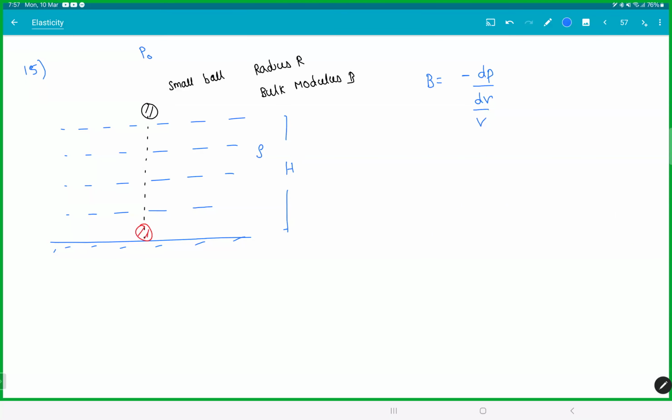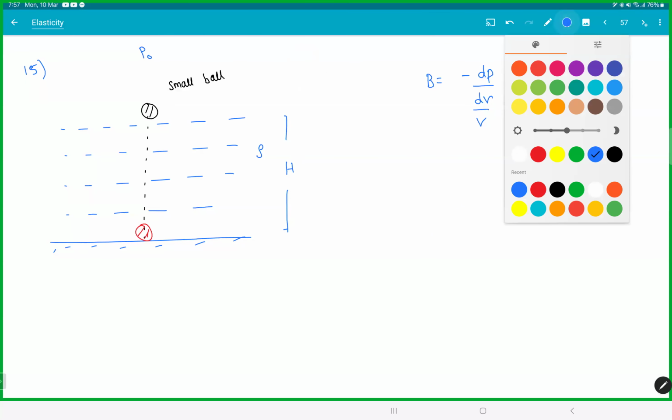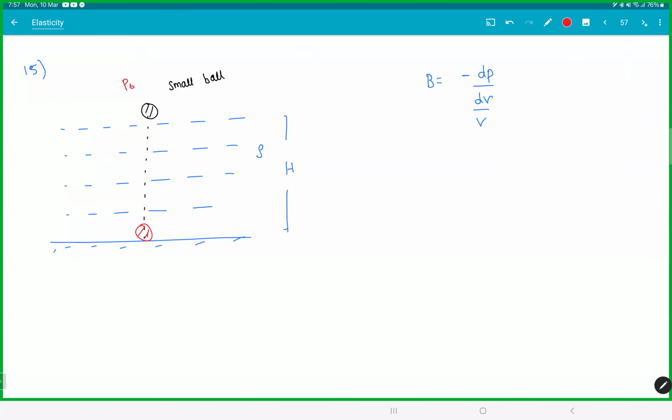So dp is change in pressure. The pressure here is how much? P naught. What is the pressure here? P naught plus rho gh. So what is dp? Rho gh, no? The difference in pressure. What is the volume of the sphere? 4 by 3 pi r cube. Then what is dv? 4 by 3 pi 3r square dr. There you got everything. So just dump it here. So minus rho gh.